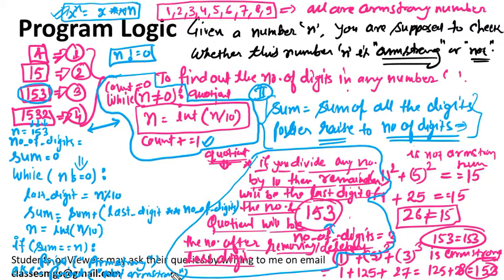So this is the second part of the problem, in which we keep on getting the last digit, and we keep on calculating the last digit's power number of digits and adding it into the sum. At the last, we need to check if the sum is equal to the original number. If it is equal to the original number, then we say it is Armstrong, otherwise we say it is not Armstrong.